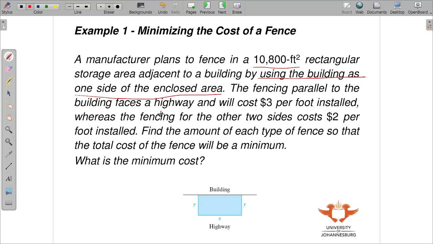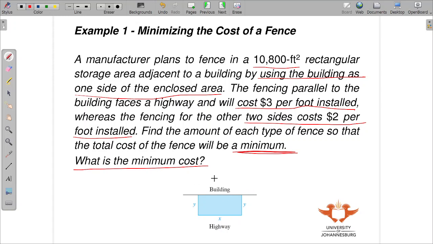The fence parallel to the building faces a highway and costs $3 per foot installed, whereas the fencing for the other two sides costs $2 per foot installed. Find the amount of each type of fence so that the total cost of the fence will be minimum. So we are finding a relative minimum. Take note of that. And then what is the minimum cost?